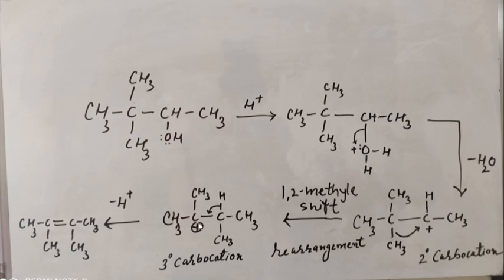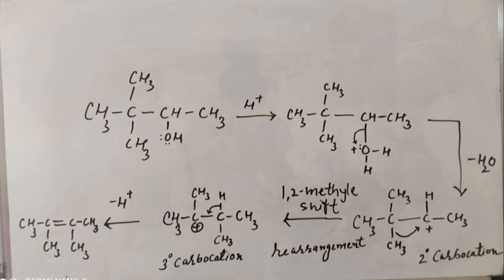Now this is the alpha carbon, this is the beta hydrogen, so the water molecule takes this proton, and the bond electrons move here to form the double bond. The deprotonation step gives the alkene as the major product.